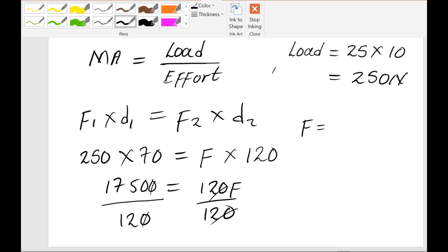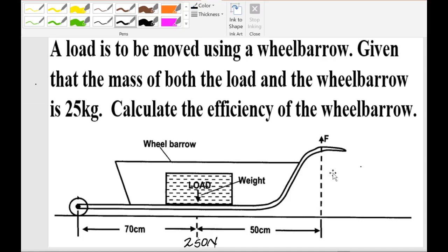So using the calculator, 1750 divided by 12, the answer is 145.80 newtons, meaning this was the effort that was used in lifting this wheelbarrow and the load.